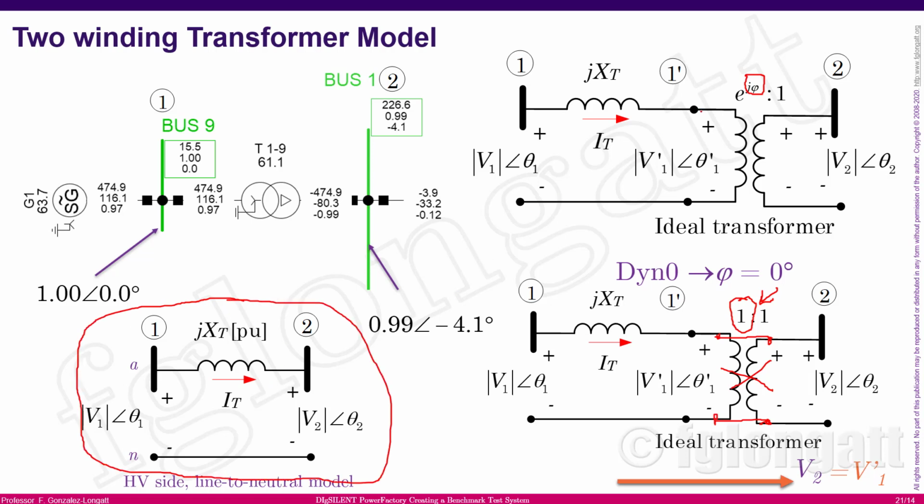What I'm telling you is that when we have a DYN0, the phase angle is 0, these exponents become 1 per unit, and then 1 to 1 transformer is equivalent to making this transformer disappear, and what we have here is this.